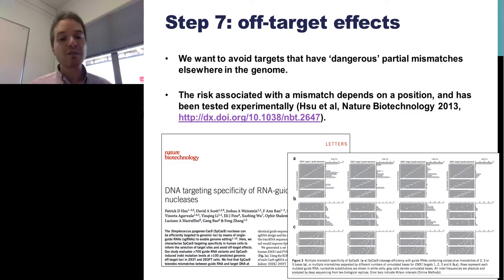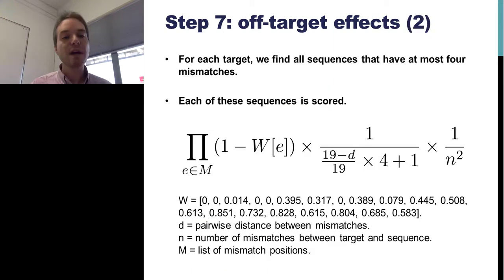The way they did that is that they took one sequence and then generated multiple sequences with just one mismatch at different positions, or 2 mismatches at different positions, 3, and so on. And they measured the binding efficiency. Based on these experimental results, they came up with a rule and a scoring system.